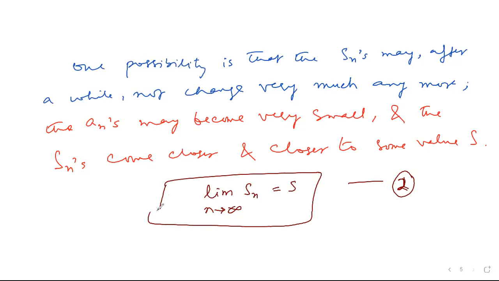Limit n tending to infinity Sn is equal to S. It is understood that S is a finite number. Now, if this happens, we make the following definitions. What happens if Sn's come closer to some value as n tends to infinity? That value is S, which is a finite number. If this happens in an infinite series, we make the following definitions.